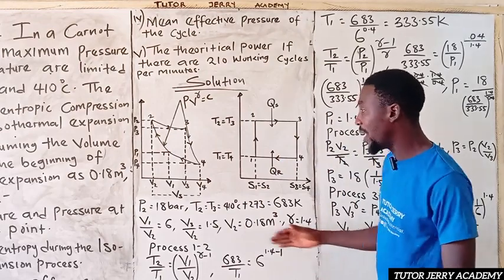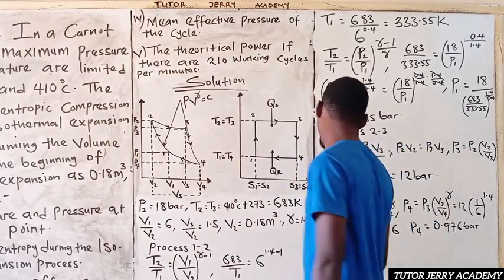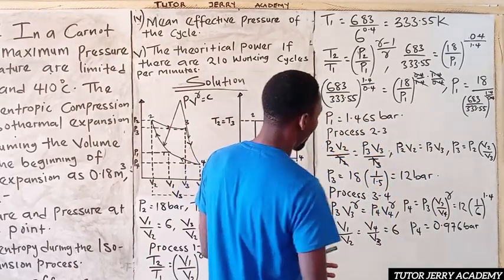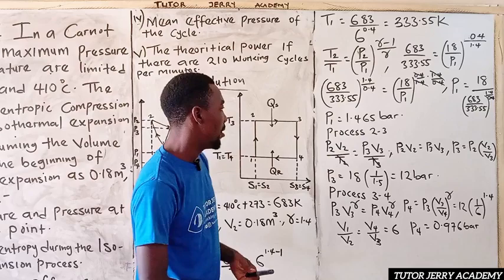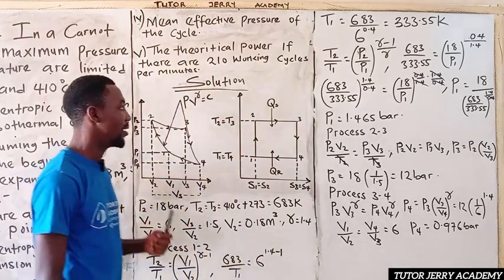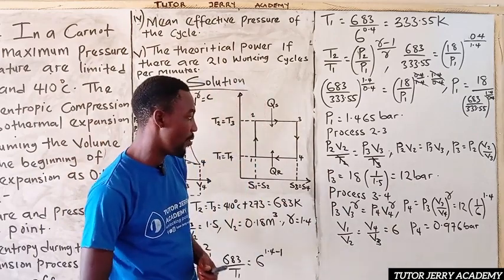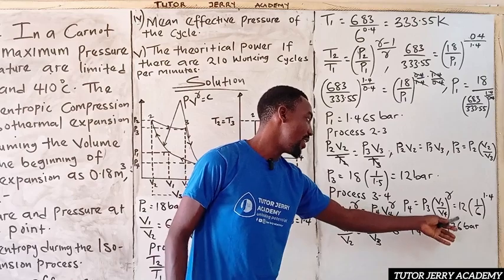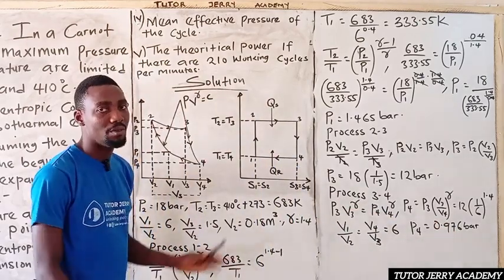It said we should find the temperature and pressure at all salient points. And you will agree with me that we have our P1, we have our P2. Our P2 is given from the question to be 18 bar, and our P3 is nothing but 12 bar. Our P4 is nothing but 0.976, and our T1, T2, T3 and T4 we already have.